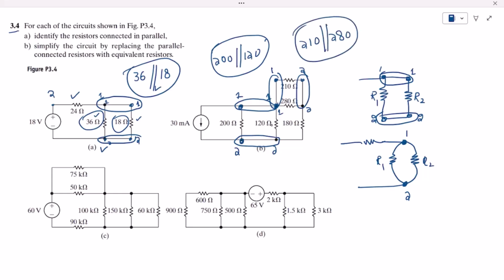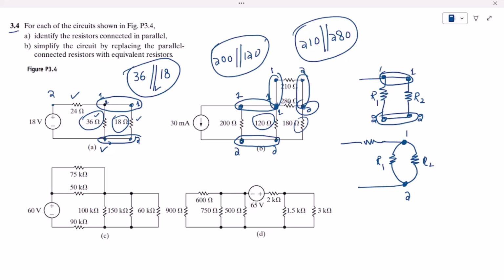Similarly, this 120 is not in parallel with this 280, because 120 has these first ends connected with each other, while this second end is not directly connected with this one because there is a resistor here. So these two are not in parallel with each other.